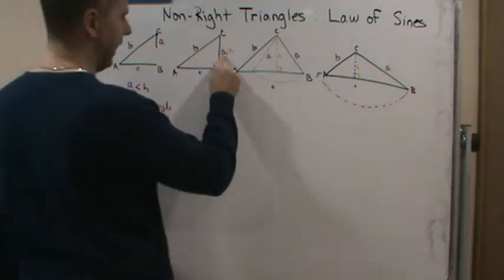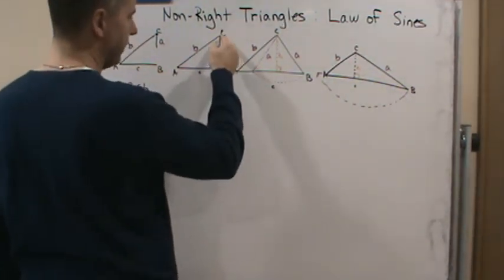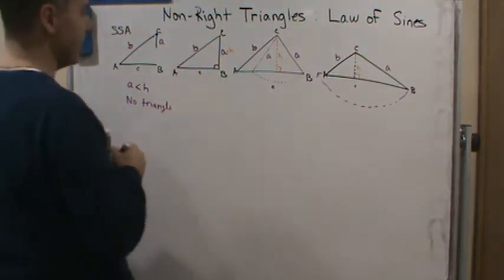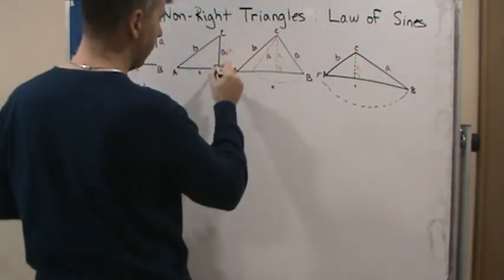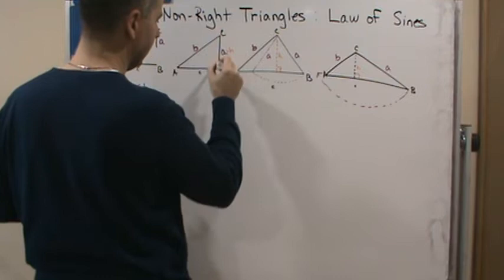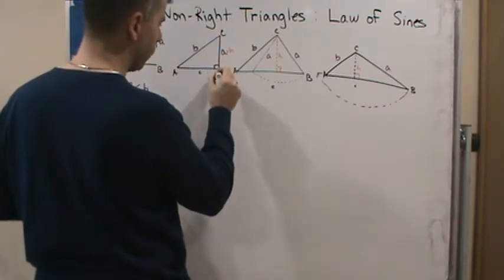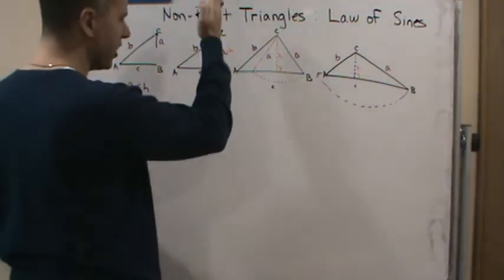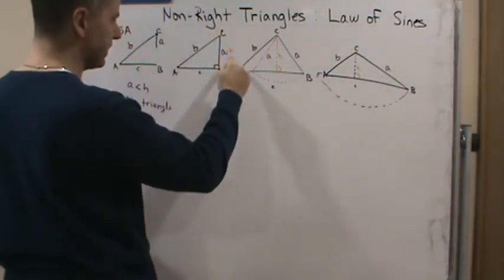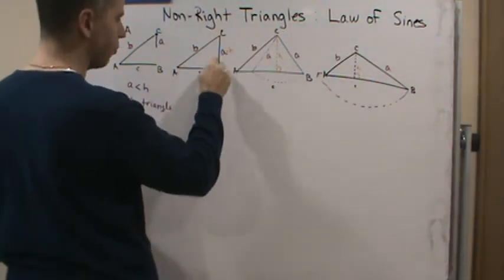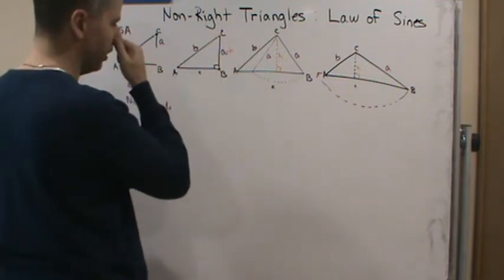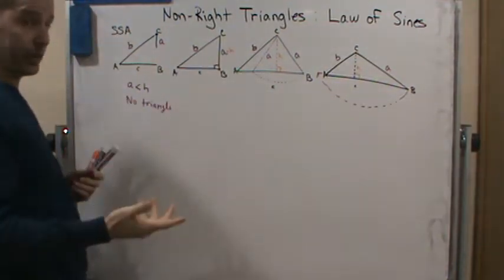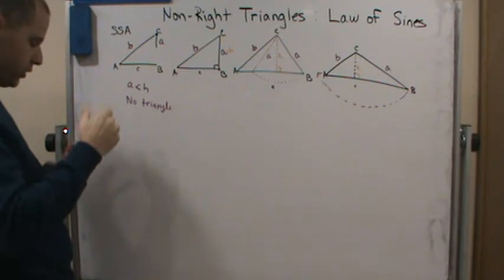Now, if A is equal to h, then guess what? It's going to swing, but it's only going to intersect at one point, right there at the bottom. It's just long enough that when it swings down, it hits right at the altitude. In that case we get a right triangle, and there's only one triangle.